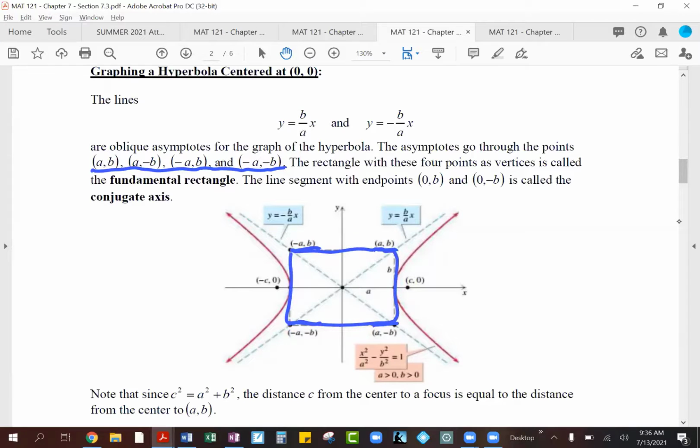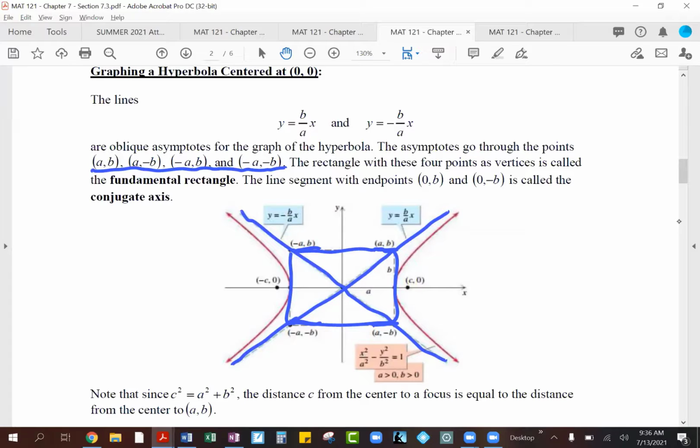These are technically supposed to be all imaginary structures, which is why we draw them as dotted lines, because they're not part of the graph. They just help us draw the graph. When you draw those diagonals and extend them out, they become the oblique asymptotes for these hyperbolas.